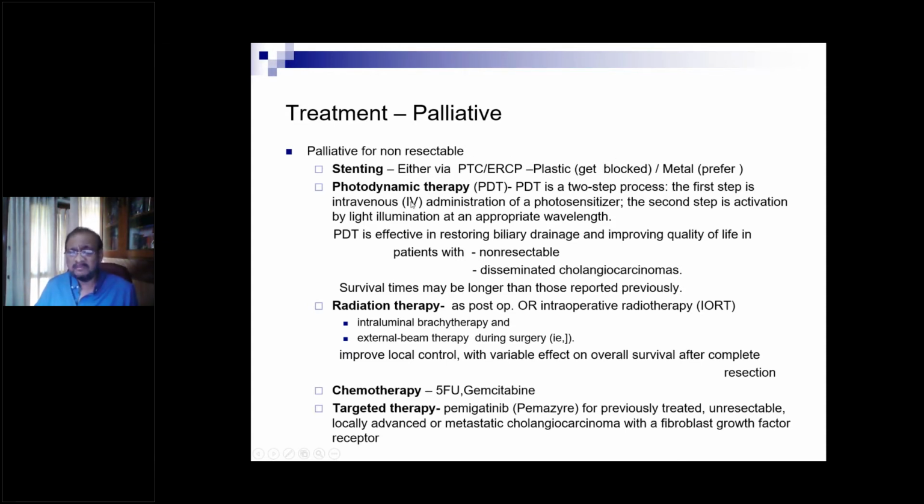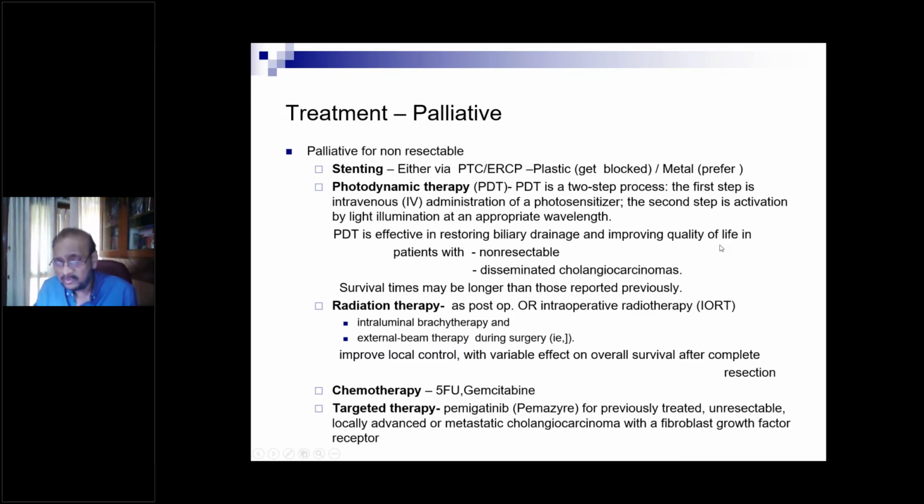Photodynamic therapy is one of the methods which has now crept in. Here, basically, you're talking about a two-step procedure. The first step is an intravenous administration of a photosensitizer, and then the second is you use light illumination at an appropriate wavelength so that particular photosensitizer is activated and that kills the particular cell. That is effective in restoring the ability to drain, improving quality of life.